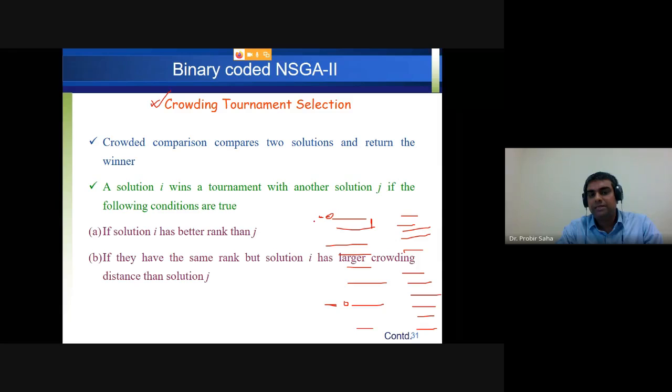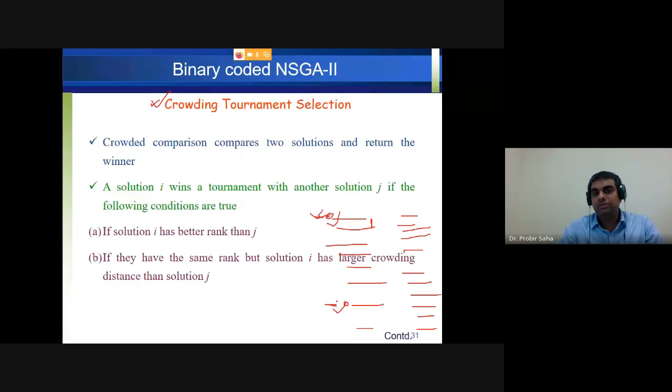If this one has a better rank, which one should I choose? Can anyone tell me? I'm picking these 2 parents, and from there I want to choose which one should be in the mating pool. Of course, the rank 1 solution, because it has a better rank than this. No issue, this will definitely go there.